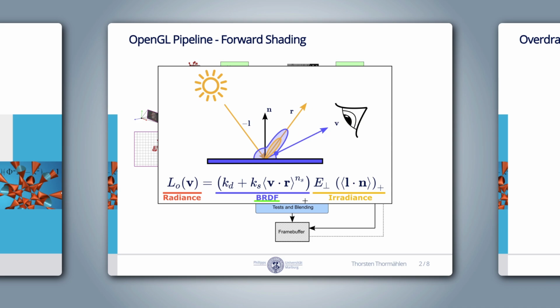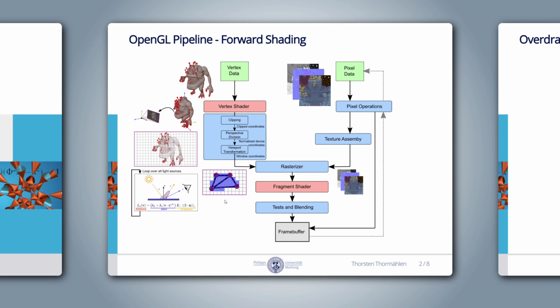For example, we could use the Phong model from episode number 4, which is shown here, or the PBR microfacet BRDF from episode number 9. The multiplication of the irradiance and the BRDF gives the radiance LO in the view direction V that is produced by the light source. The resulting individual radiance contributions from each light source are summed up and we get an output color. If there are many lights in the scene, this loop over all light sources can be computationally expensive.